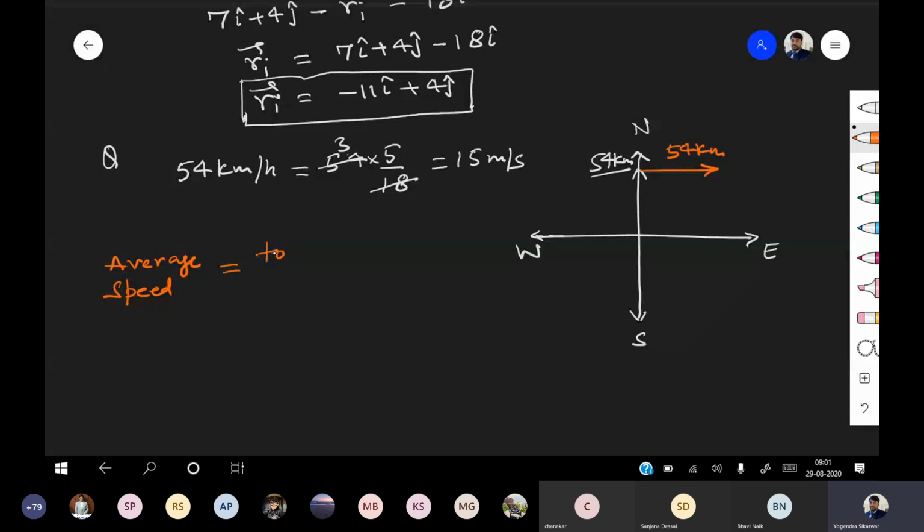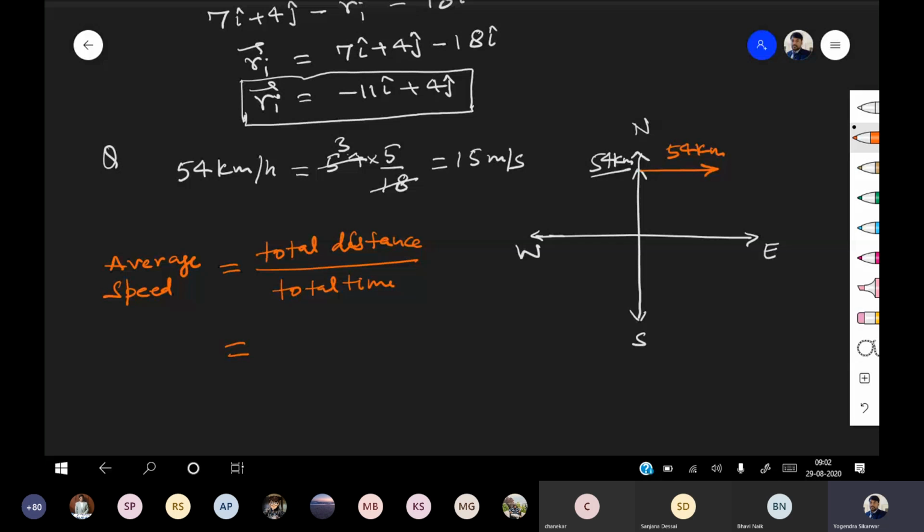Average speed is equal to total distance upon total time.